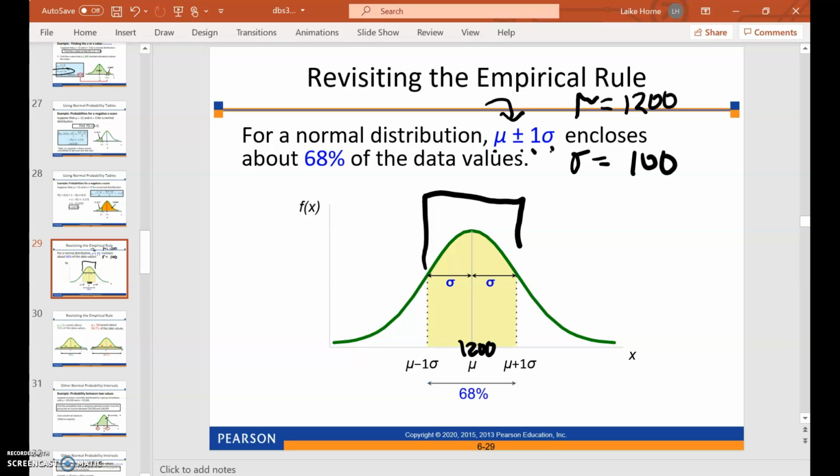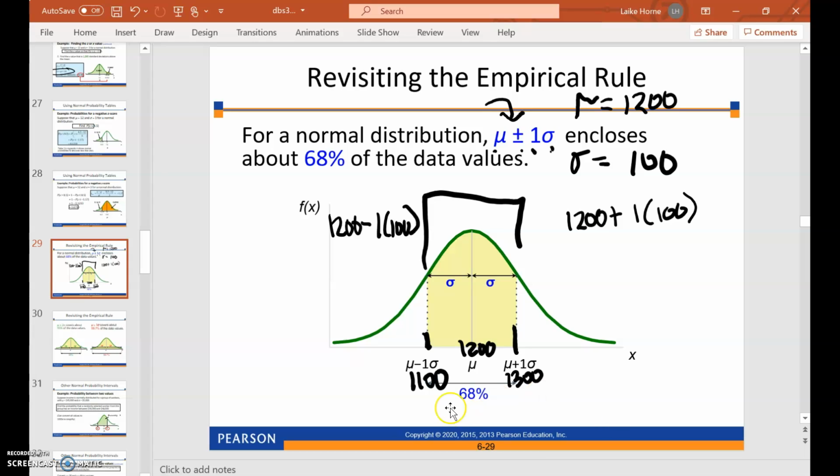One standard deviation above it would be the mean plus 1 times 100. So that's going to be 1,300. Now let's do the interval below the mean. 1,200 minus 1 times 100 is 1,100.